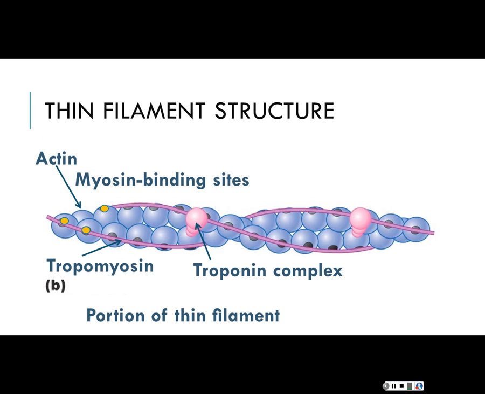It binds to actin, it binds to tropomyosin, it also binds to what? Calcium. Very good. Each troponin molecule has a receptor for calcium, and I've tried to highlight that here in the little green dot.